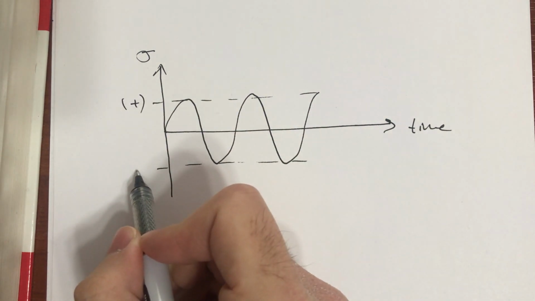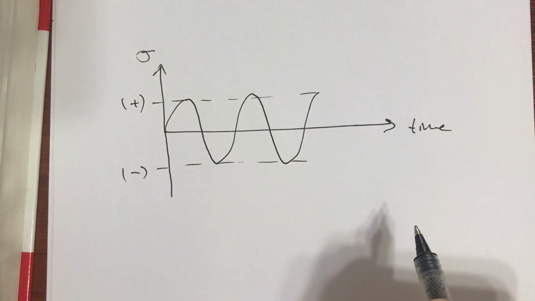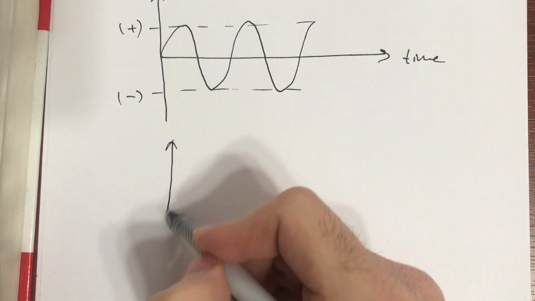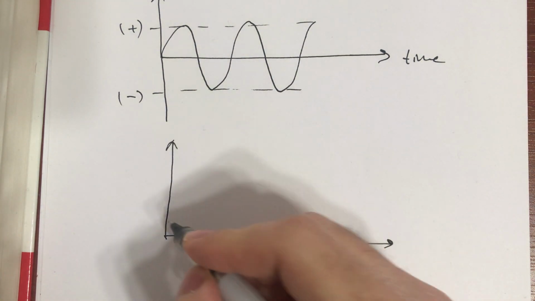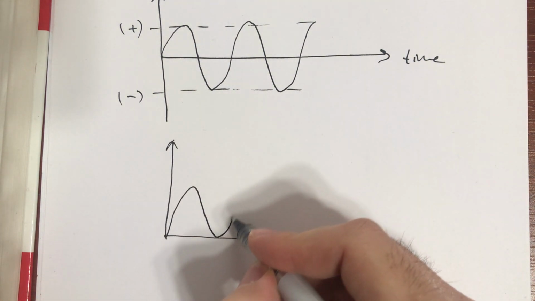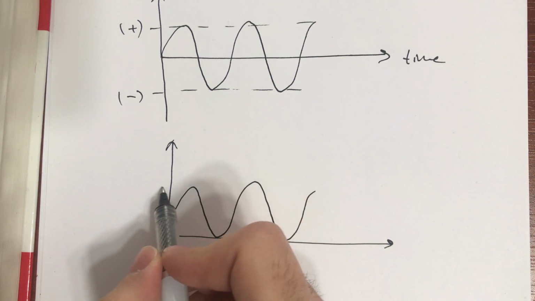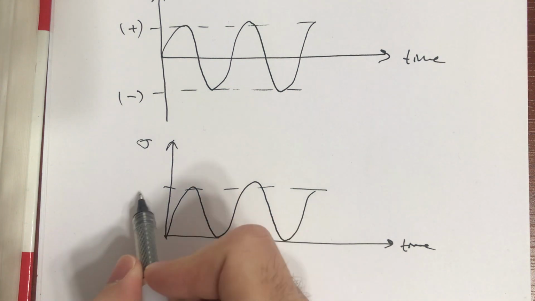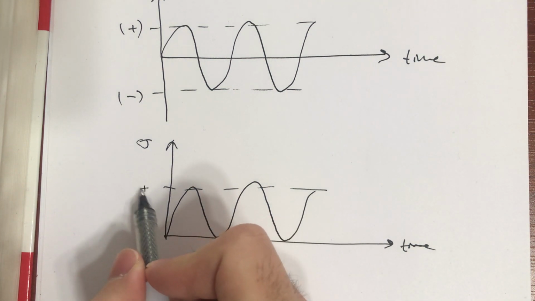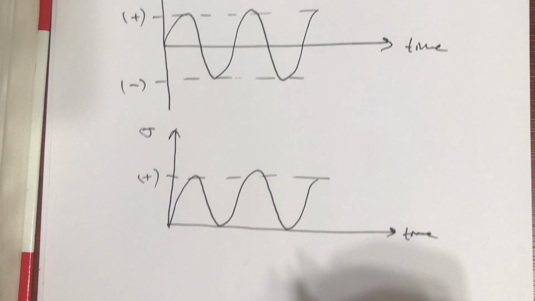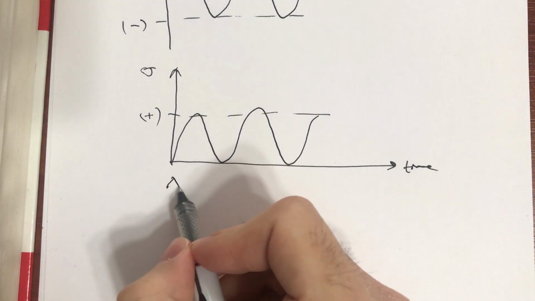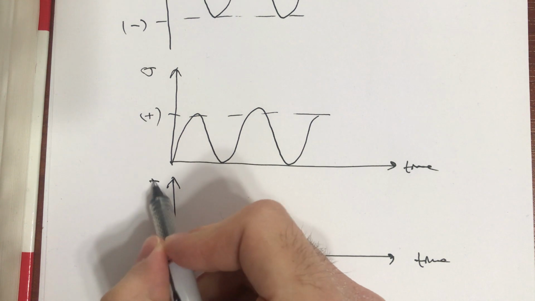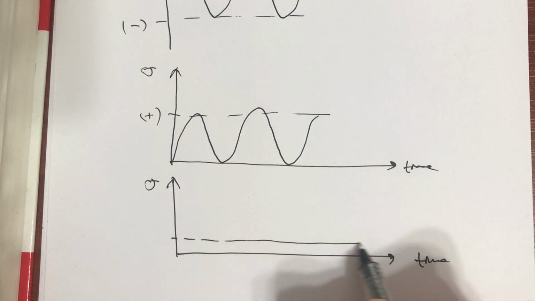The plus is tensile, the minus is compressive, or they can fluctuate between 0 and the tensile value, or they can fluctuate between two positive values.